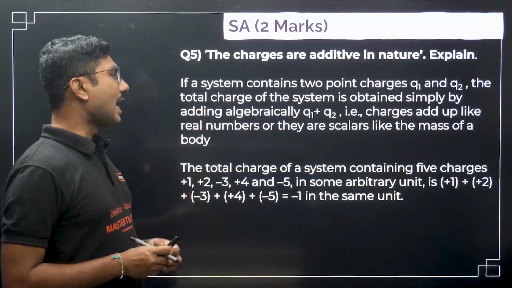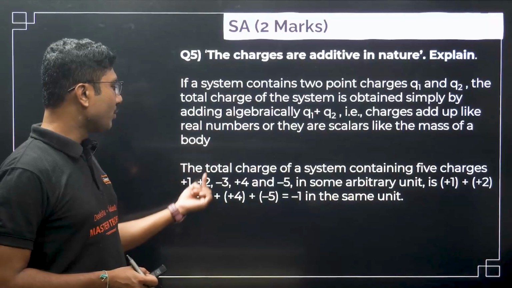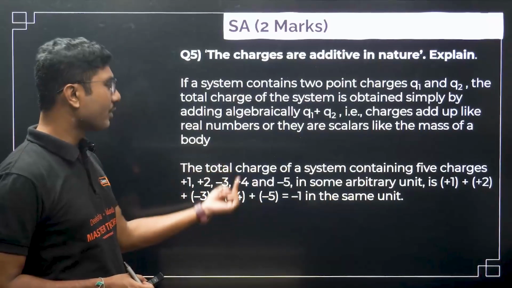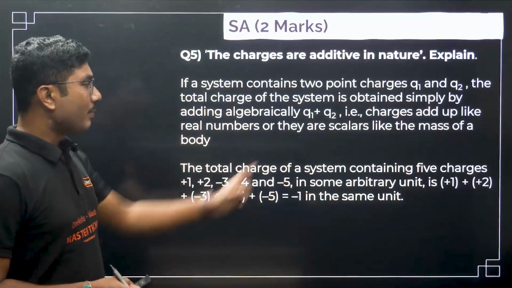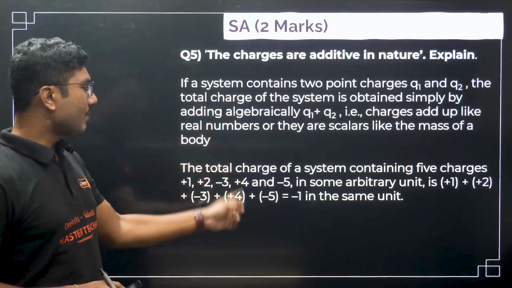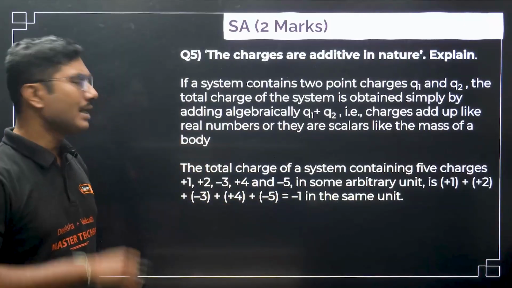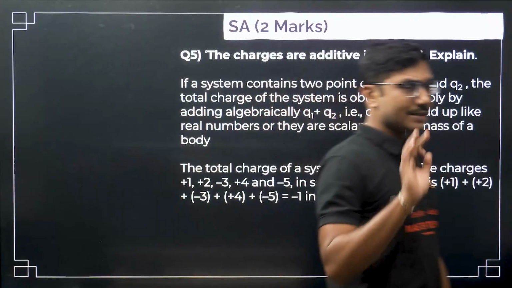So the total charge of a system containing 5 charges, say +1, +2, -3, +4 and -5 in some unit is +1 +2 -3 +4 -5 equals -1 in the same unit. Okay, you can mention Coulomb also, that is not an issue.